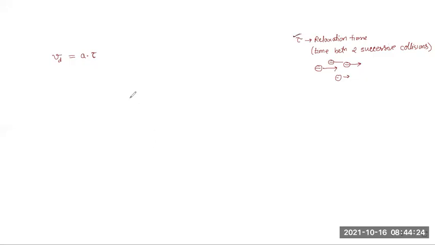So we get the value like drift velocity is equal to acceleration into relaxation time. That's the basic definition. From there, we can directly write it as minus charge of electron into electric field intensity divided by its mass into tau. The root lies here.